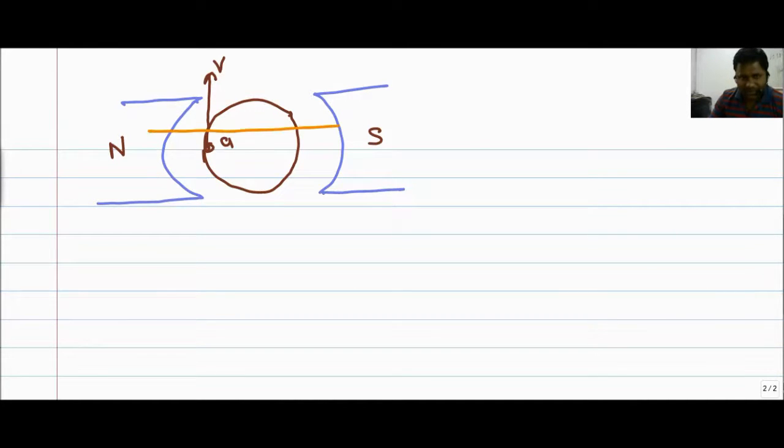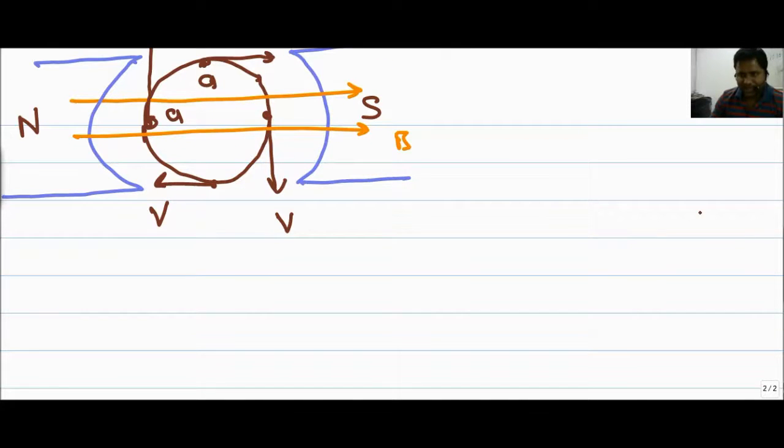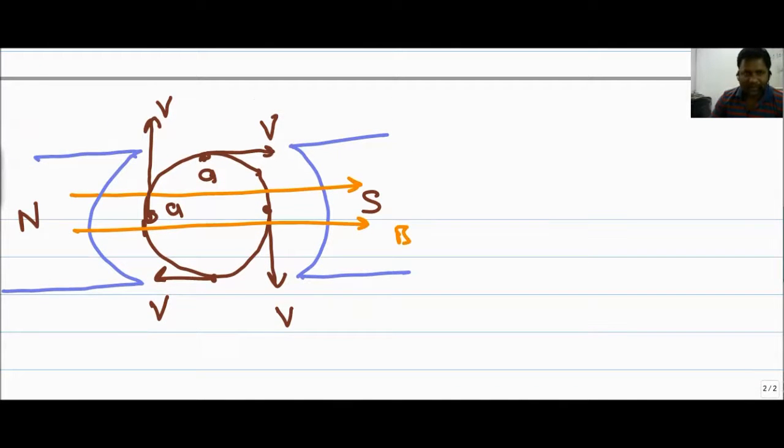The magnetic field is constant, which is B. The conductor at each position has a velocity vector V. Here we are taking four positions and trying to calculate the angle between the velocity vector and the magnetic field. This is point 1, this is point 2, this is point 3, this is point 4.